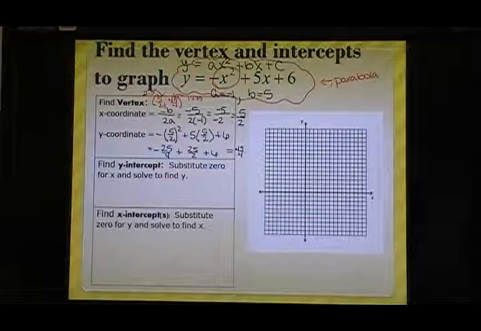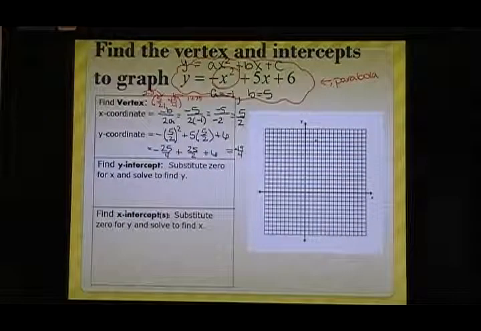Do the best we can here. So to the right 1, 2 1/2, up 1, 2, 3, 4, 5, 6, 7, 8, 9, 10, 11, 12 1/4. So kind of hard to do. I'll get as exact as I can there. Well, it's around there somewhere. Okay, so my vertex is there.